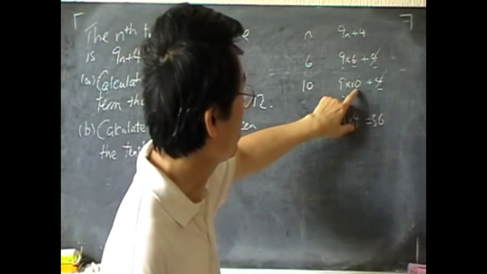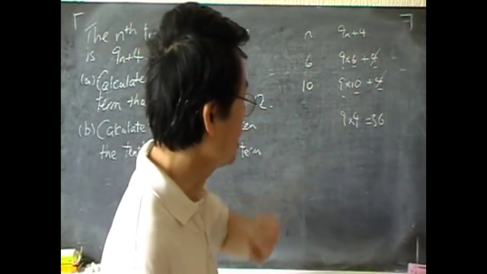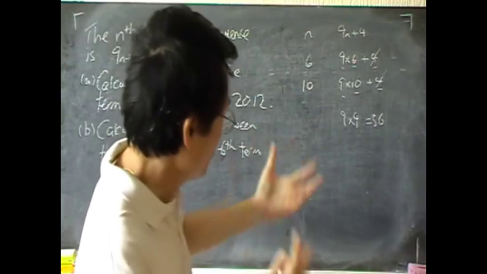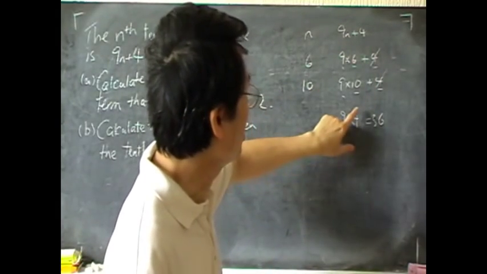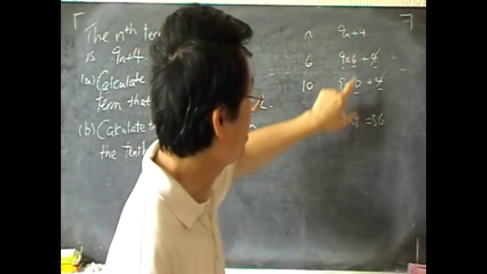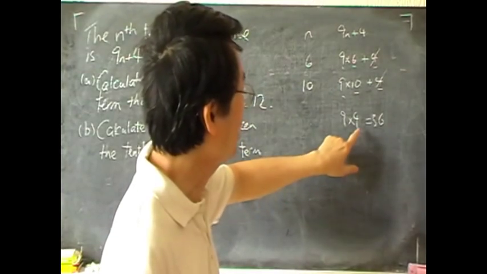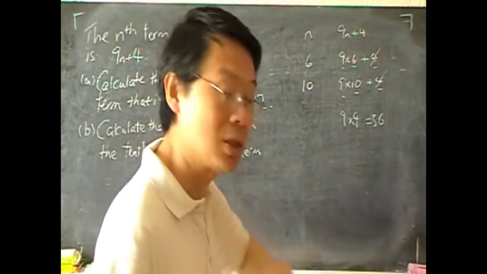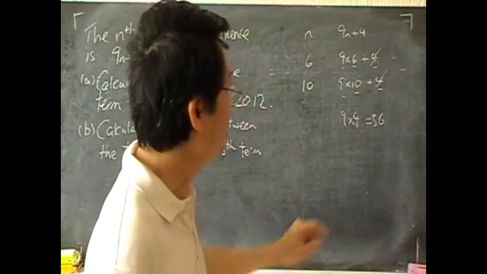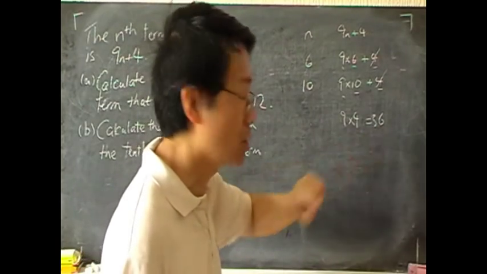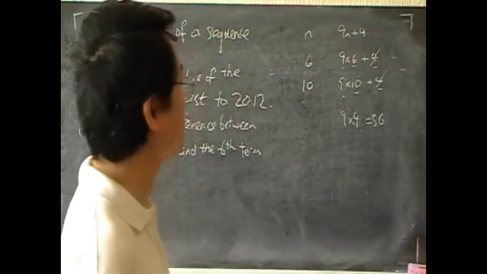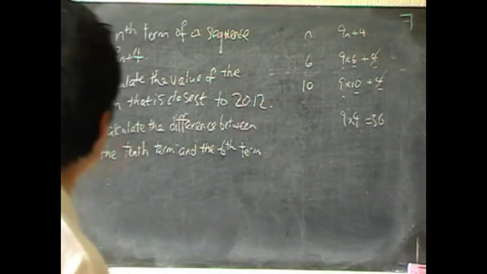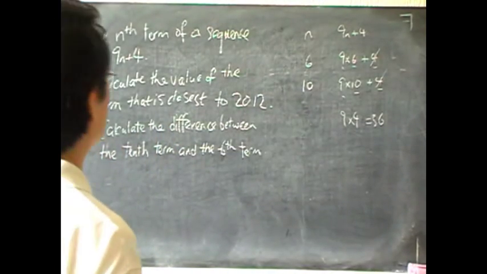You will pick the 6 and the 10 out quite quickly once you have the pattern, and just do 10 minus 6 to get a 4, and then you will get 4 times 9 quickly, and then you can get 36. So 36 is the answer to part B.